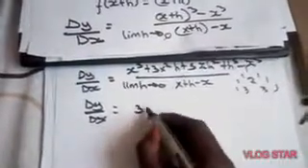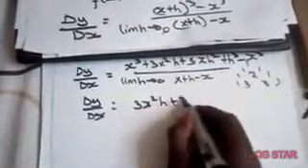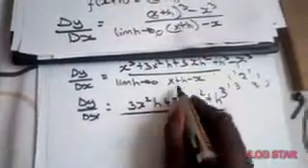Then we have delta y over delta x equal to x power 3 minus x power 3, which cancels. We remain with 3x squared h plus 3x h squared plus h power 3, divided by h, since x cancels and we remain with h. Remember, we limit h to tend to 0.